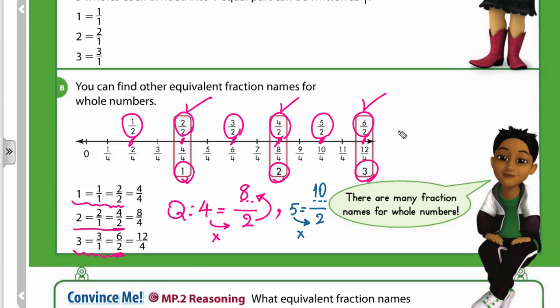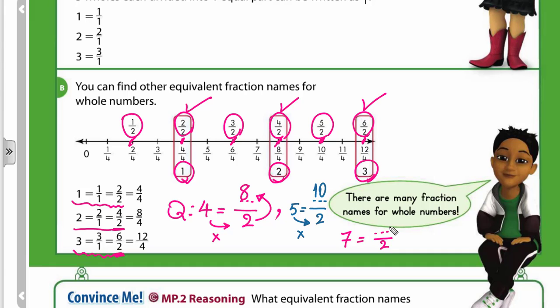Okay, let's do this with any other number. Let's try it. For example, what is 7 whole, how many halves? Who knows?